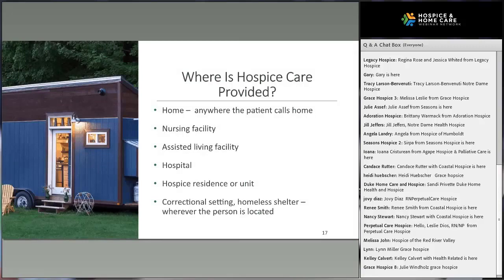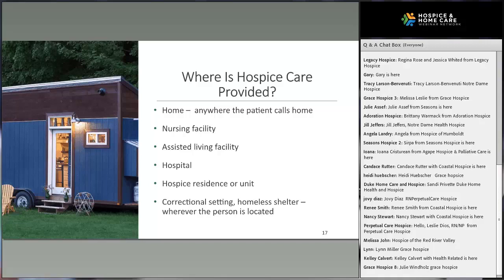Also, where can hospice be provided? I always say anywhere a patient calls home. Now, the majority of patients receive hospice, what's known as routine home care, in their home. But there are some patients that are in nursing facilities, in assisted living facilities. Sometimes you will see patients in the hospital starting with hospice there.